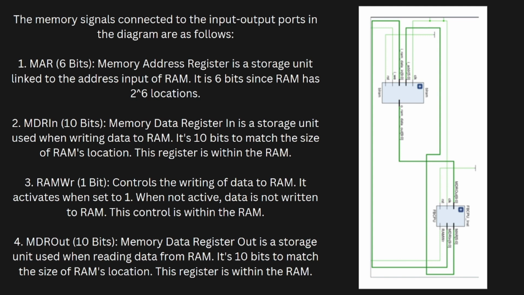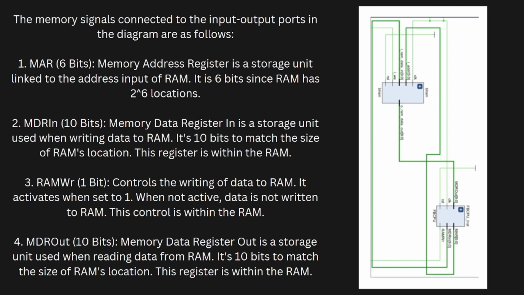MDR in, which contains 10 bytes, the memory data register, is a storage unit used when writing data to the RAM. It's 10 bytes, more than MAR, to match the size of RAM's locations.